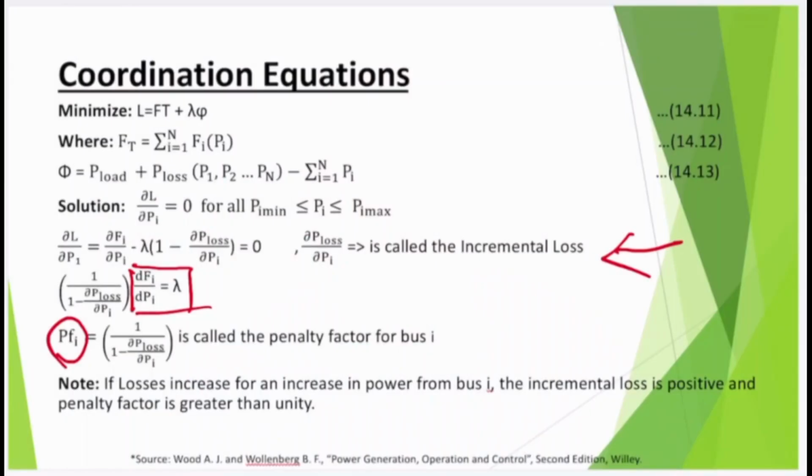When the denominator is less than 1, the whole penalty factor becomes more than 1. If the losses increase for an increase in power flow, that means this element is positive. When this element is positive, 1 minus the positive element will give you something less than 1, and 1 upon something less than 1 will be more than 1. So my penalty factor will be more than 1.